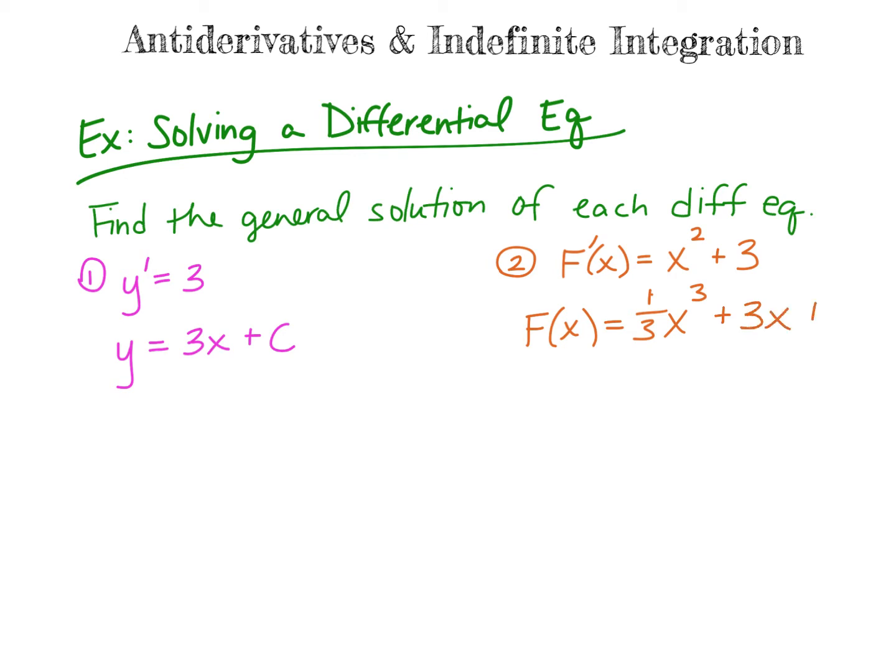Then we of course need to account for that potential constant at the end, plus c. So our general solution to f prime up here is 1/3 x cubed plus 3x plus c. And if you need to check your work, you of course have a built-in check system, and you can just take the derivative of this and see if it's f prime. We already checked here, and we checked this one in number 1.